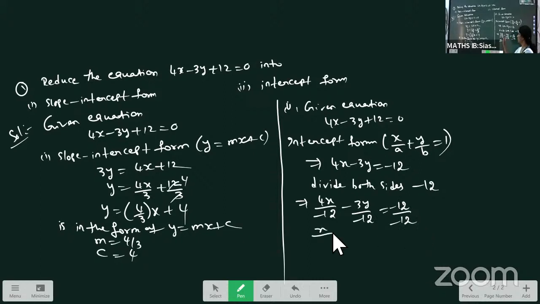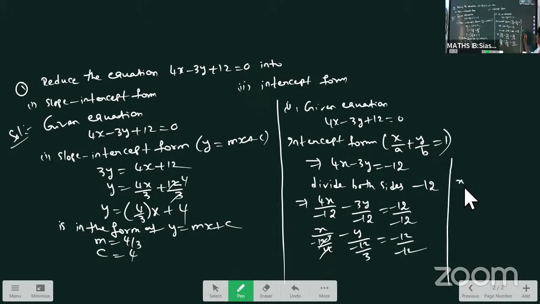The x coefficient, nothing, means 1, so minus 12 by 4 minus y by minus 12 by 3. Cancel the terms which cancel. 4 1s are 4, 3s are x by minus 3. 3 1s are 3, 4s are, minus minus cancel, so plus y by 4 is equal to 12 and 12 cancel is equal to 1.